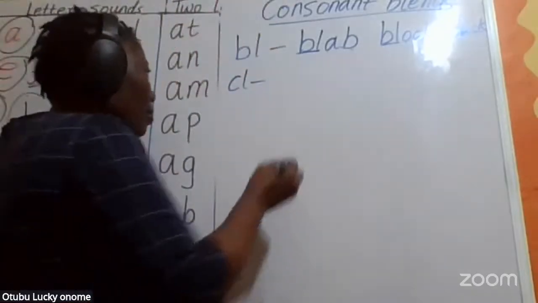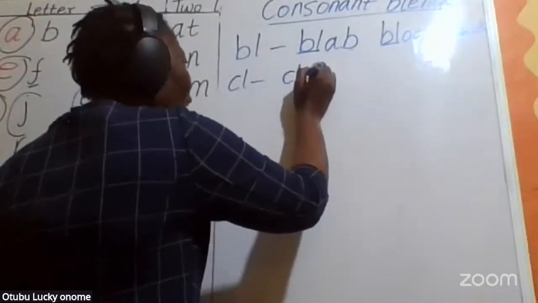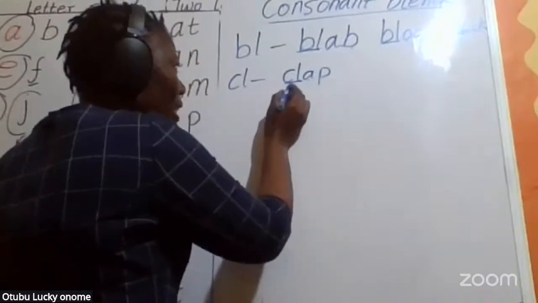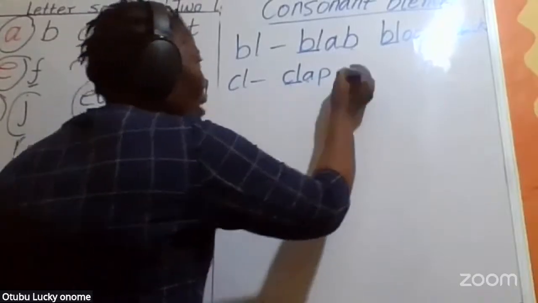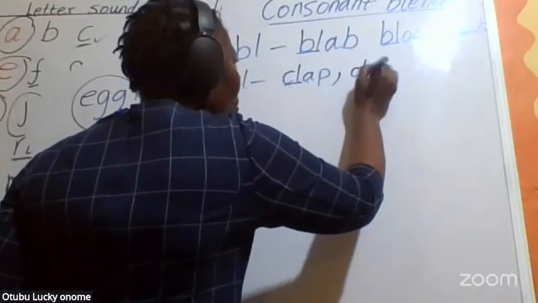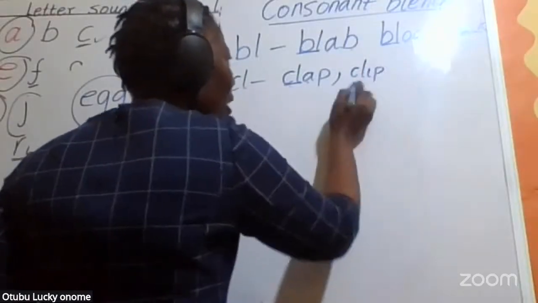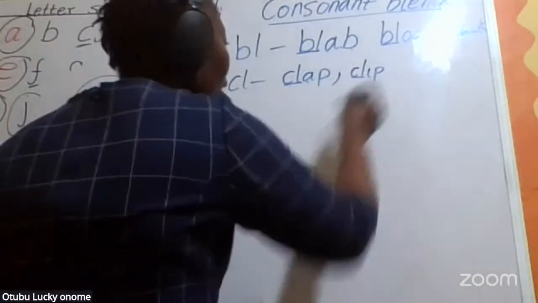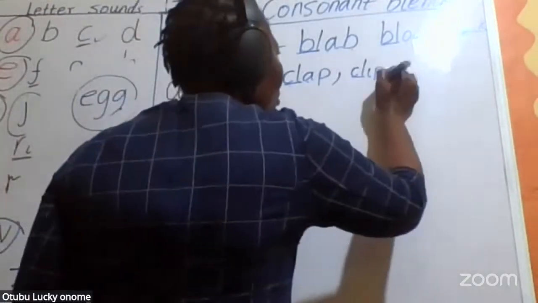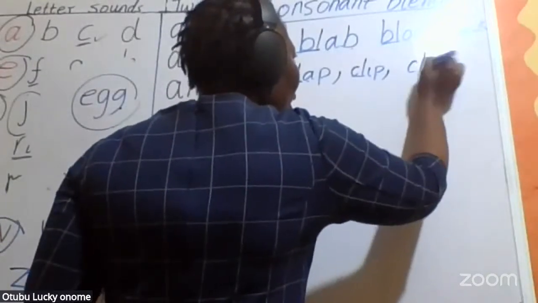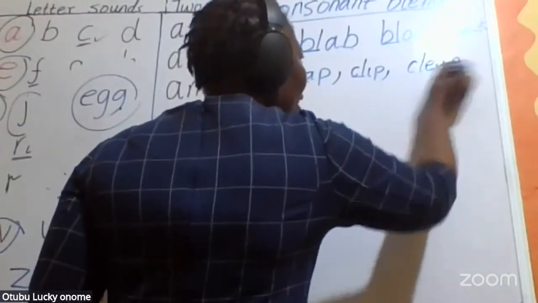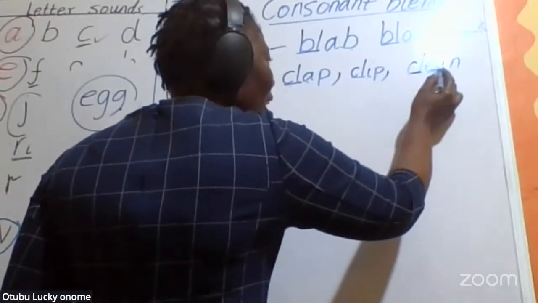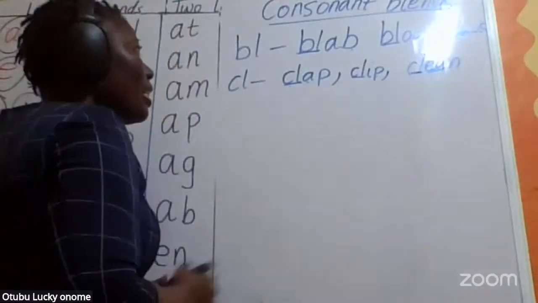We have it in words like clap, clip, and clean. This is a digraph that we're going to learn shortly.